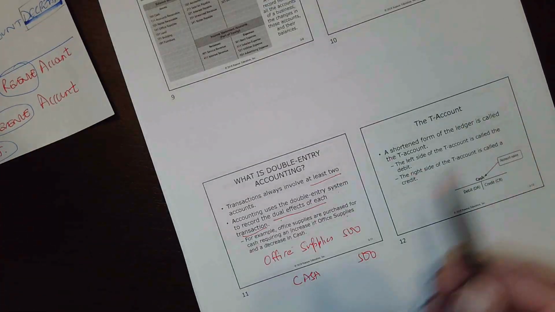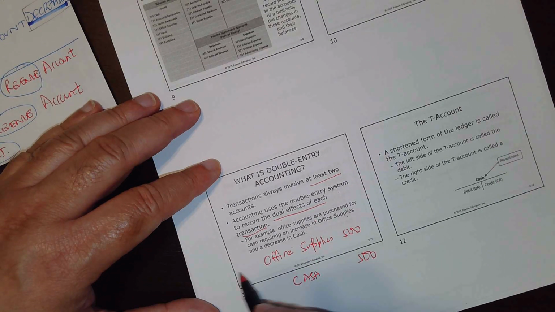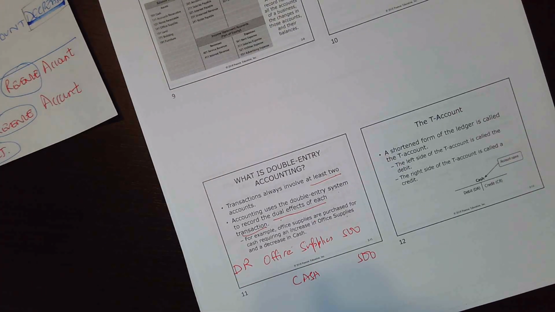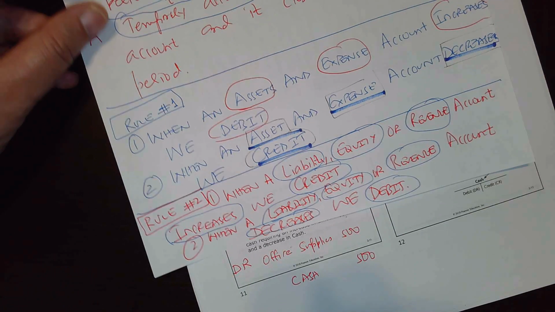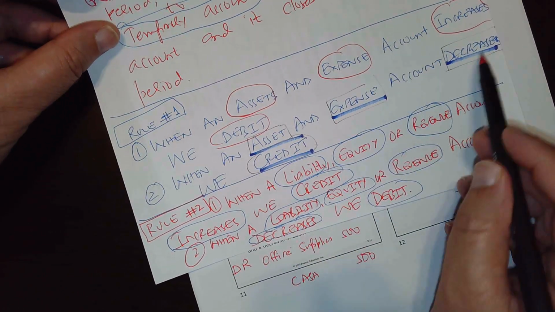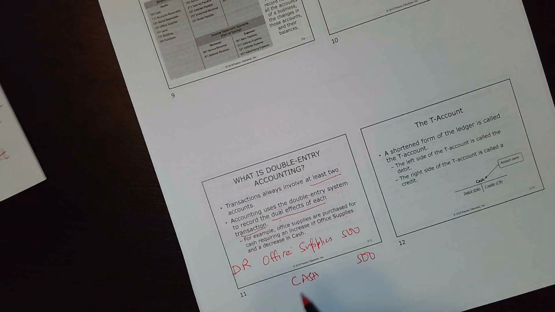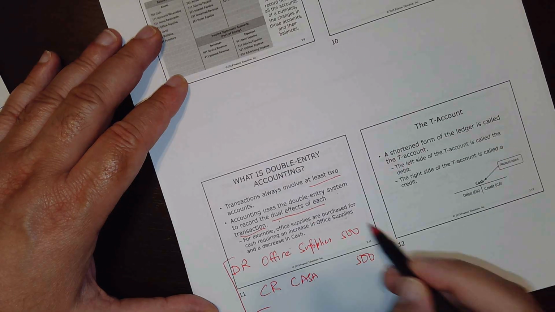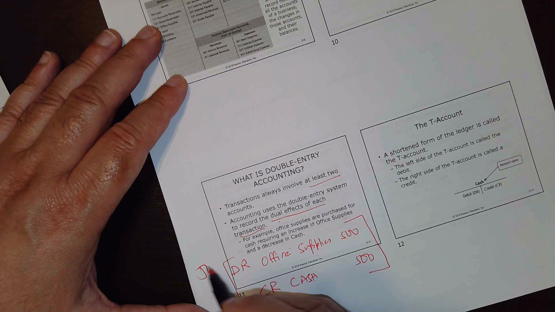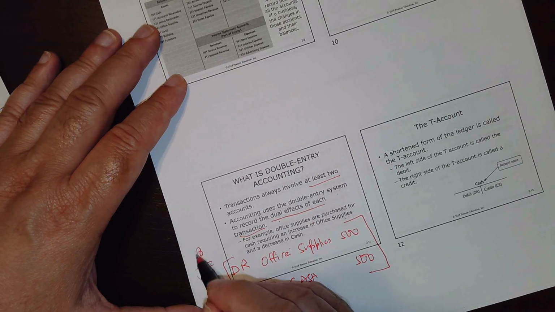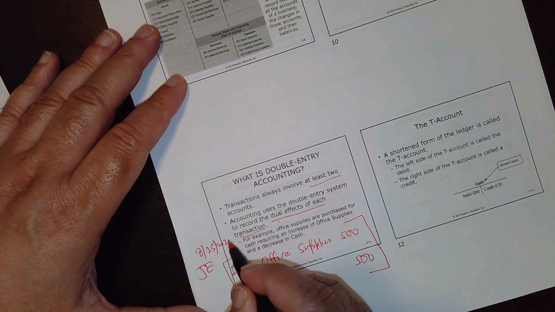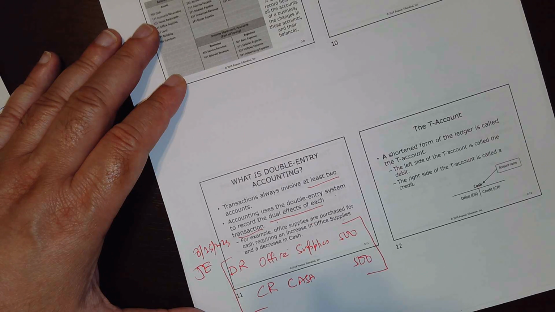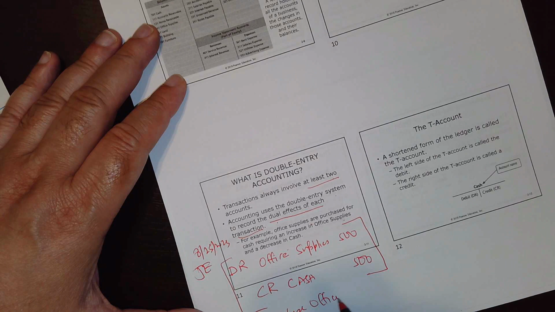Office supplies is an asset account, so we put a debit here. When an asset account decreases, we credit. Cash is an asset account and it decreases. So this is an example of a journal entry. You can put a date here, August 23rd, 2023, and a note, purchase office supplies.